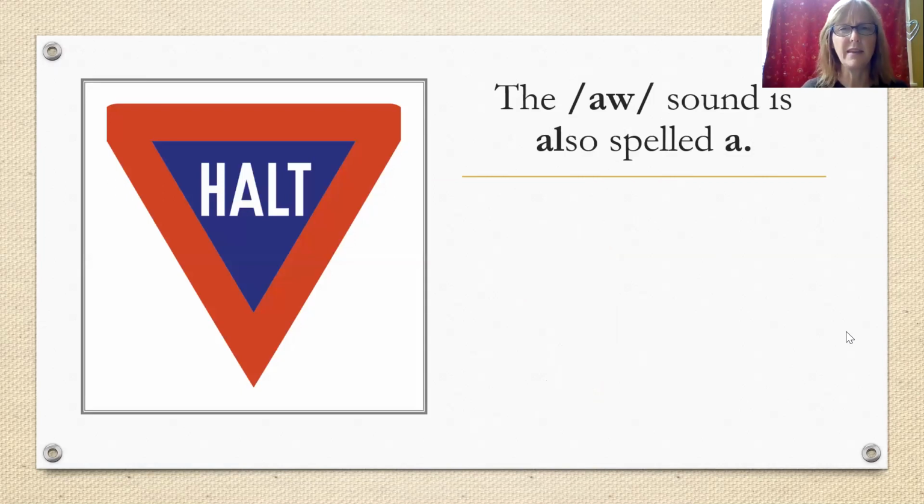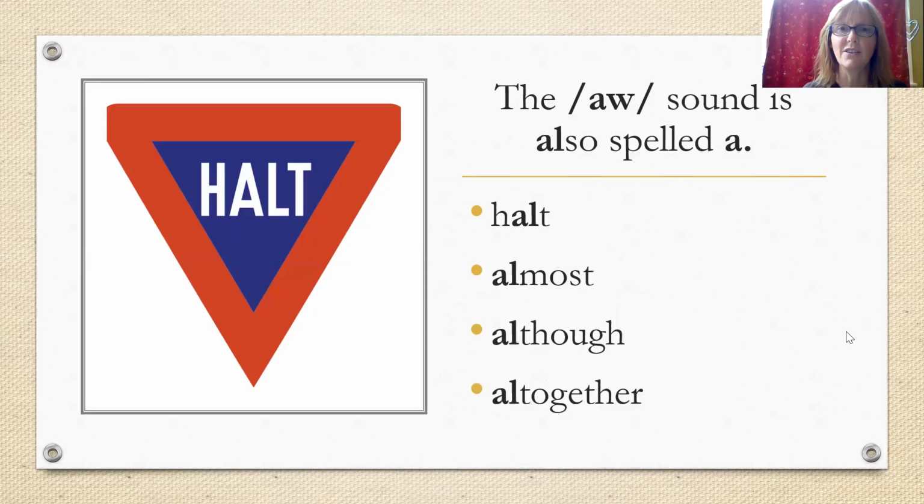It's often with an L after it, but there's other ones that are spelled with AW or AU, so it's not a hard and fast rule. But words like halt, almost, although, and altogether, that all start with AL at the beginning of a word like that.